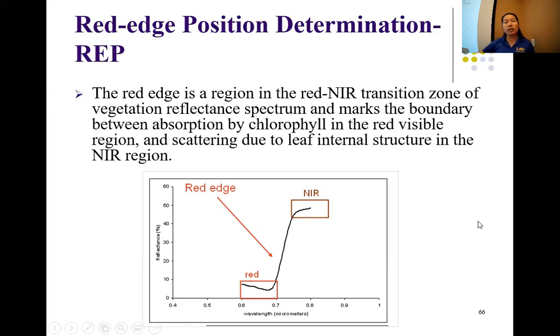And then the other one is called red edge position determination, which is REP. Red edge is a well-known term in remote sensing for vegetation study because vegetation typically has a spectral curve like this one over here.